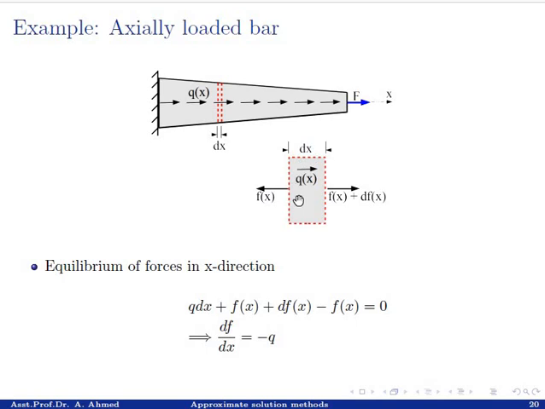This is the uniformly distributed force in the member, Q of x. Let's say the resultant force at the left face of this differential element is represented with f of x, and the force on the right end of this element is represented with f of x plus some change in the force.